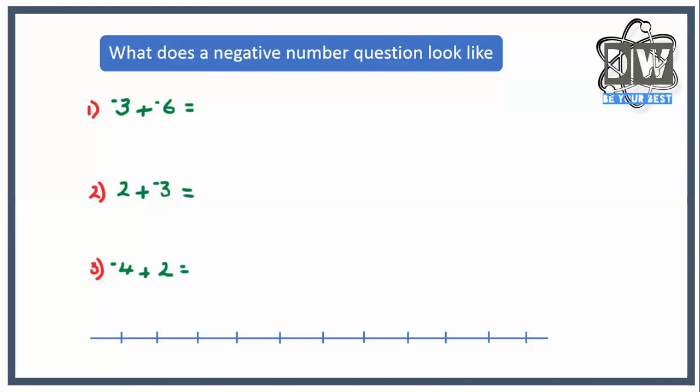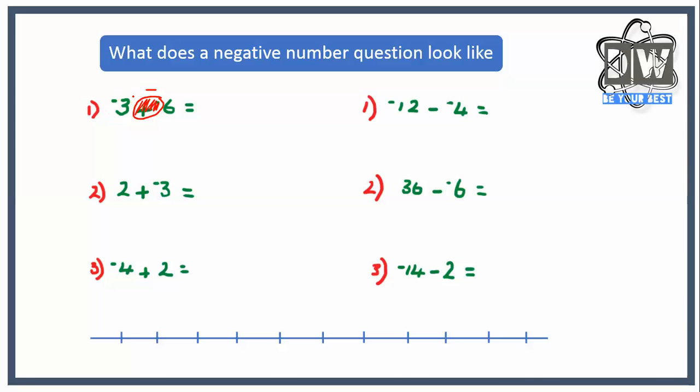Let's work it out. Now, you'll notice a little number line came up there. That's going to help us as we're going through here. So the first thing we're going to do, let's just forget about all the other questions. Let's just do the first one now, right? So we're going to say, are these symbols the same? Well, they're not. So we're going to go for a negative. So we can forget about this now. -3 minus 6.